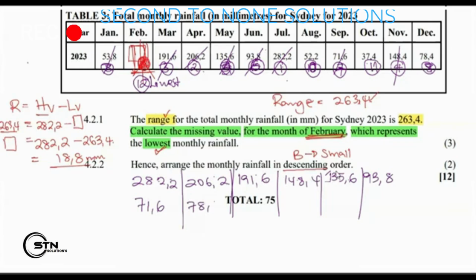No, no. Here we have. Then this one becomes 7. Sorry, 71.6, followed by 53.8, followed by 52.2, 37, comma.